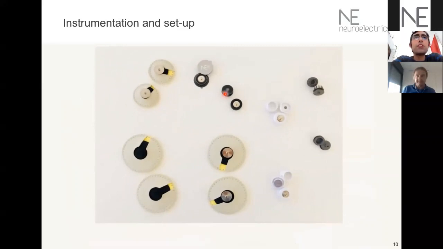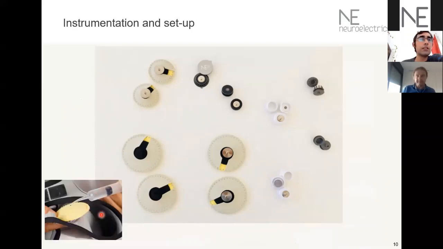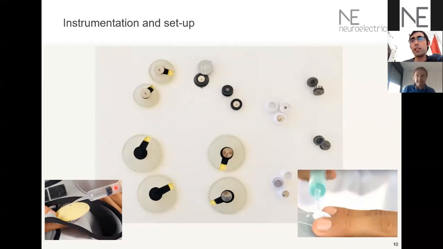This picture here shows the different types of electrodes. You have the sponge electrodes that need to be soaked in saline solution, and you have the smaller PiStim electrodes that need to have the gel underneath. This is the process of soaking the electrodes in saline solution, and this is the process of injecting the conductive gel underneath the electrodes.